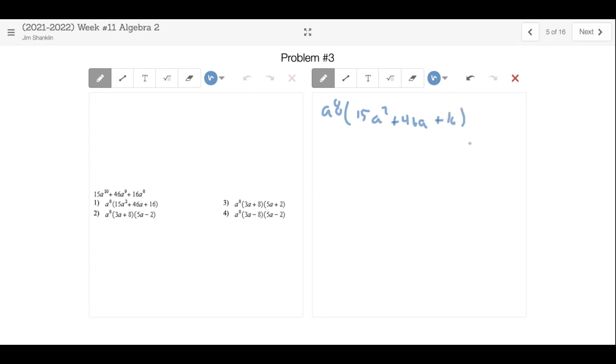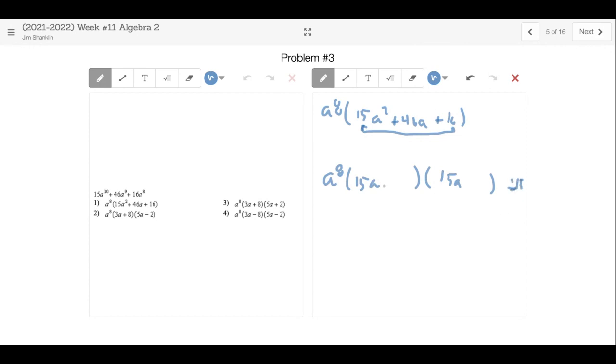So now I've got 3 terms. There's a number in front of the squared term, so that means I have to use the cheater method. So I've got a to the eighth, and then 15a, 15a, and I'm cheating with the 15, so I have to divide a 15 out at the end.